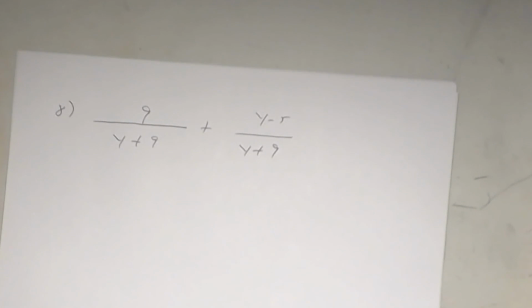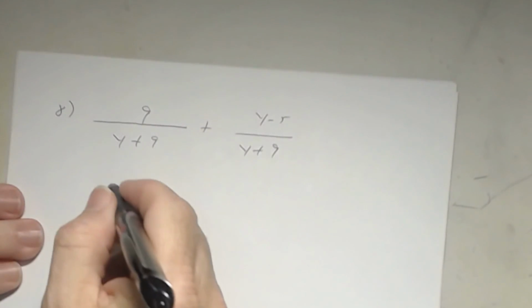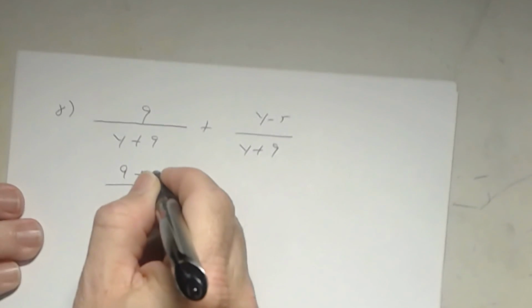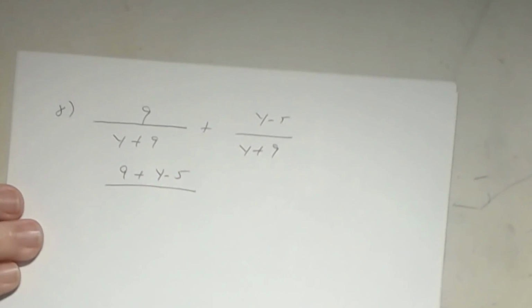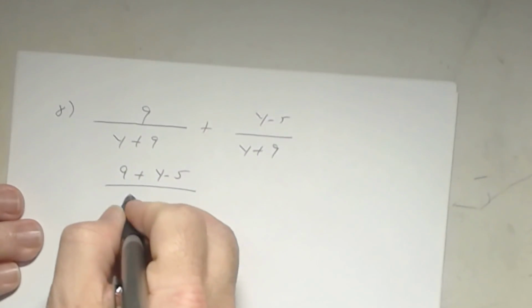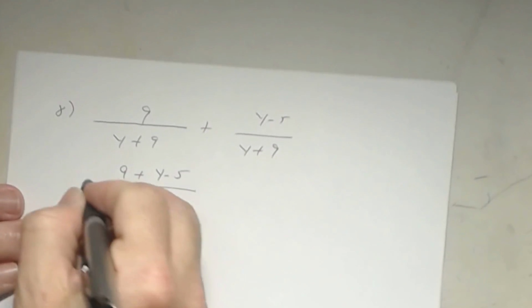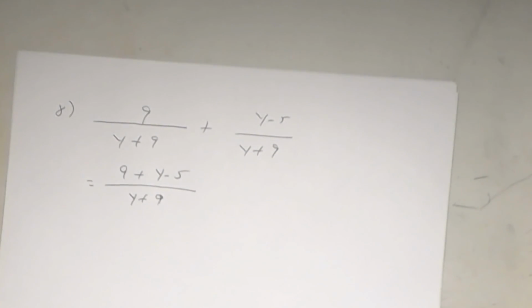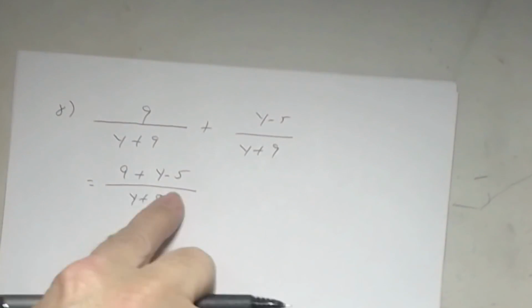So what I would do, rather than doing this in your head, is actually write out that step. Yeah, you did it in your head, but let's just write out that step. So that step is going to be 9 plus y minus 5 divided by y plus 9. Now you could have gone directly, David, into saying y plus 4, but in your mind, this is what you're really saying.